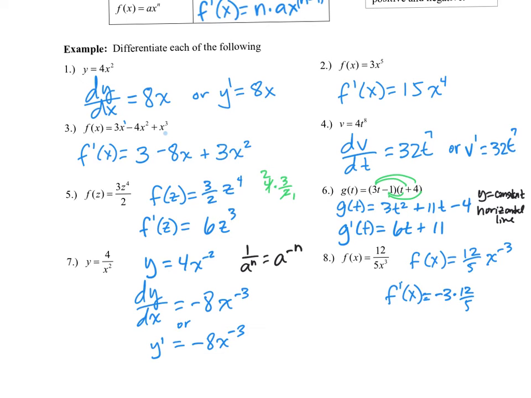Okay, so what I did is I took this exponent, bring it around front, multiply it by the numerator, and then times x to the, I need to take negative 3 and decrease it by 1. Negative 3 minus 1 more would be negative 4. Okay, and then just simplifying a little bit, f prime of x would be, let's see, that would be negative 36 fifths. I just multiplied the numerators times x to the negative fourth.